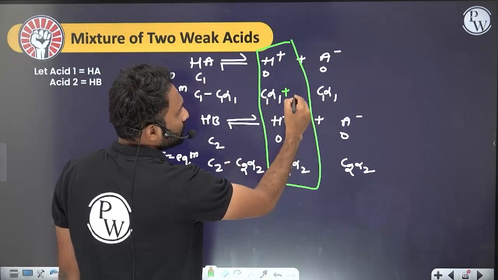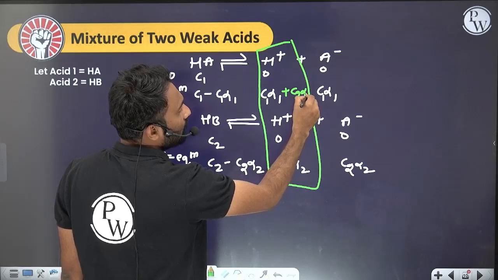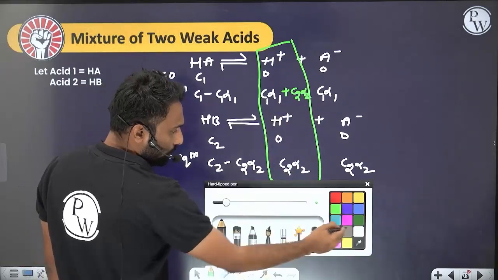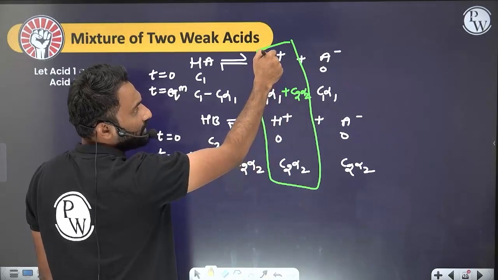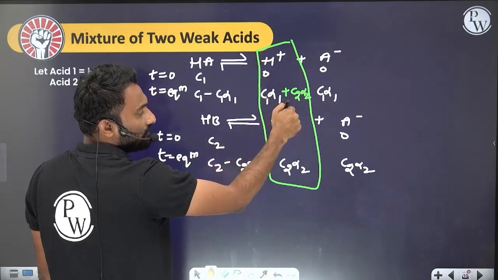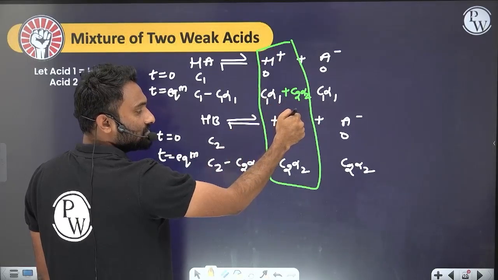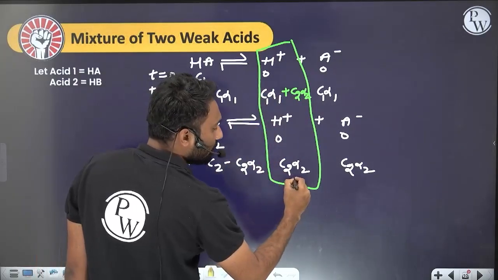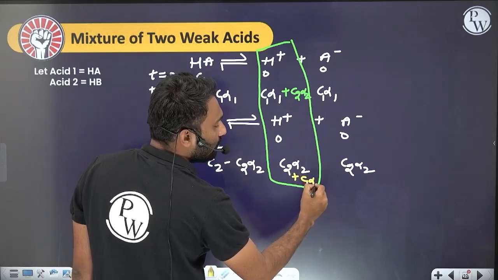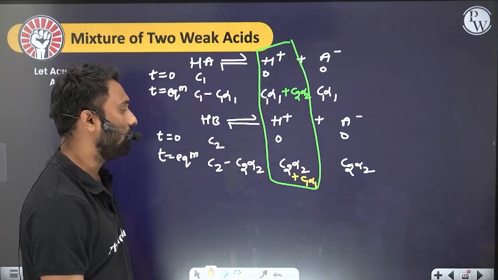Then C2 alpha 2. After that, another weak acid's H plus ion concentration we have got. So the total H plus ion concentration is C1 alpha 1 plus C2 alpha 2.